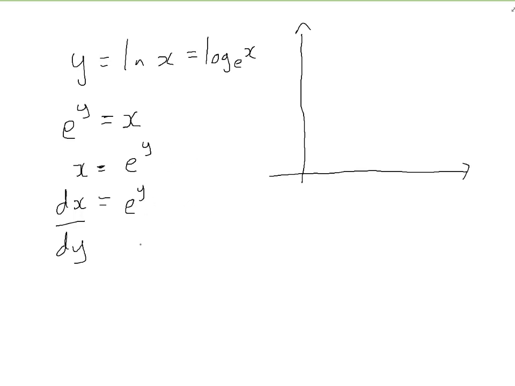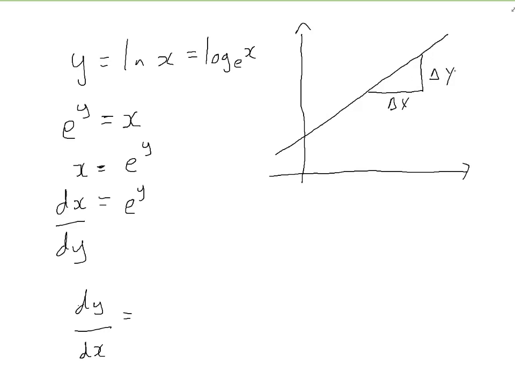So the problem is we don't want dx by dy. We want dy by dx. From y equals log x, we want dy by dx. But of course, if you have some graph like this, going on like this, and you're looking at the gradients, and this is a change in x, and this is a change in y, then dx by dy is estimated by this one divided by this one.